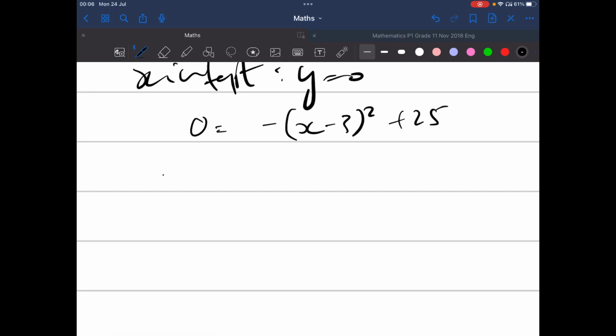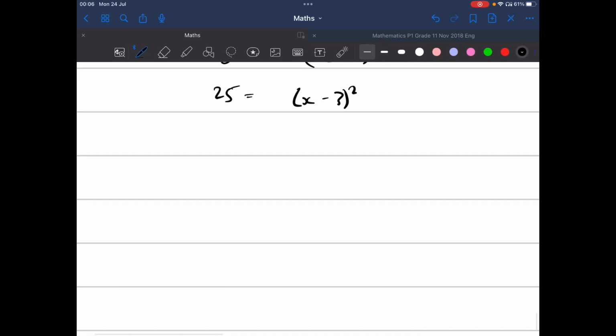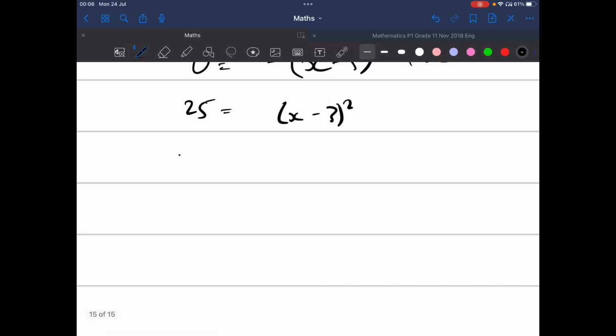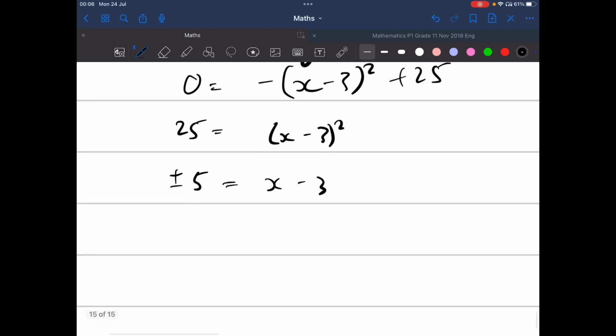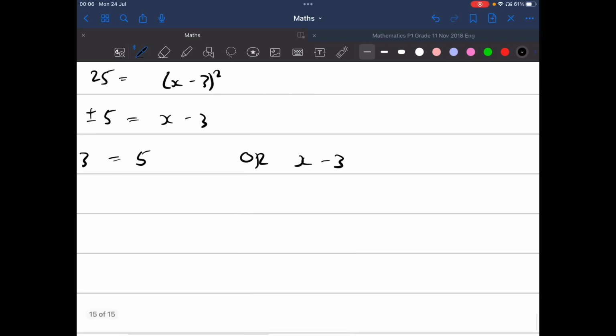I'll bring minus 25 on this side, and we have minus (x minus 3) squared. Let's get rid of these two negatives, so I'll divide both sides by negative 1. Now let's find the square root of 25. Remember, this can be plus or minus 5. So x minus 3 is equal to plus 5, or x minus 3 is equal to minus 5.